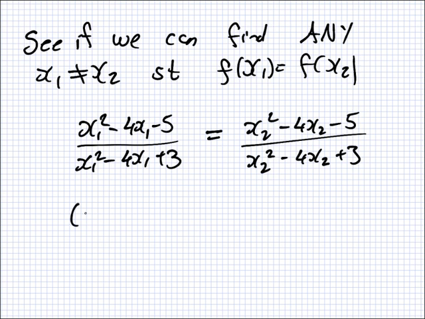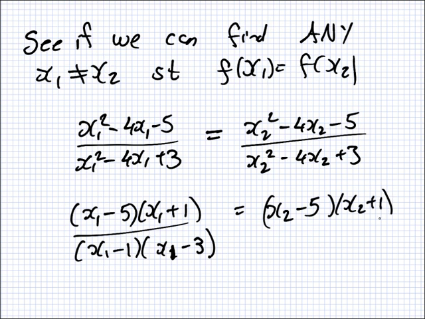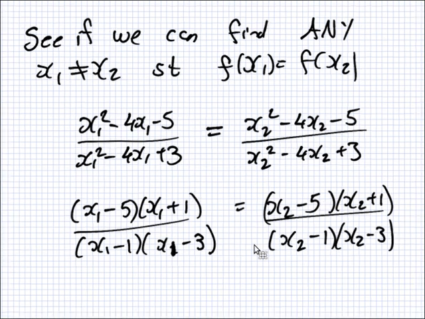What are the factors here? x1 minus 5, x1 plus 1, thank you, x1 minus 1, and x1 minus 3. And this is x2 minus 5, x2 plus 1, x2 minus 1, x2 minus 3.